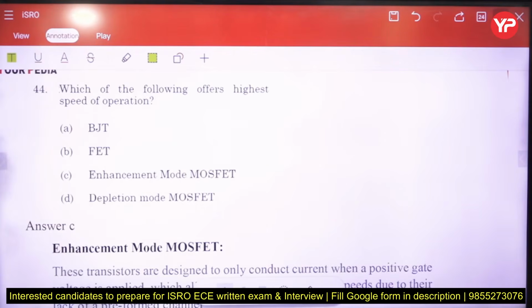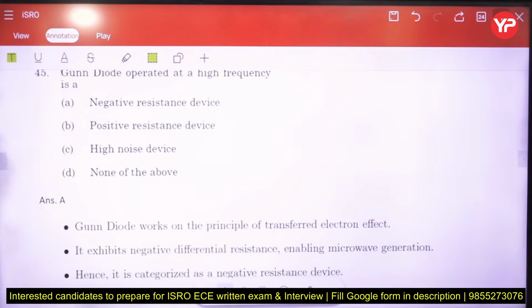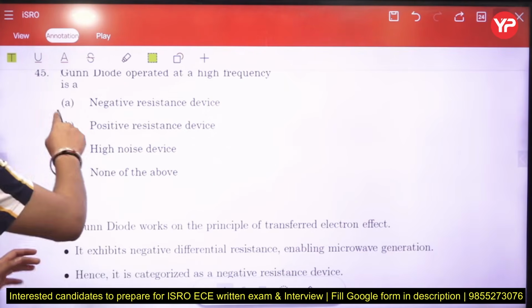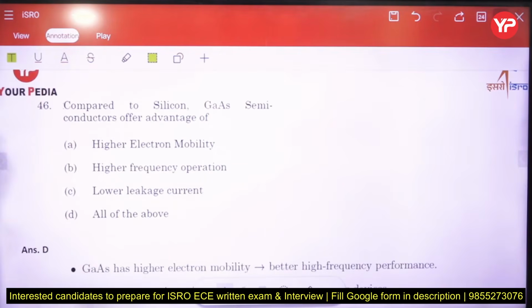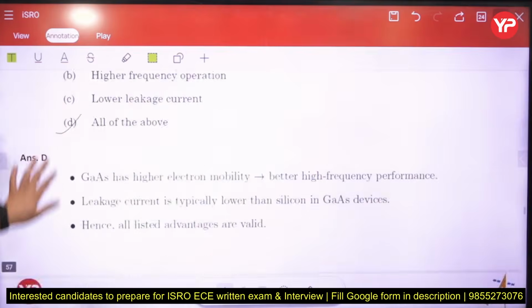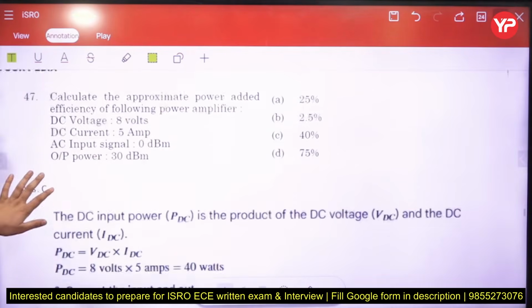That will be enhancement type MOSFET. Gunn diode operated at a high frequency will offer a negative resistance device. Compared to silicon, gallium arsenide semiconductor offers an advantage. It is having higher electron mobility, higher frequency of operation, lower leakage current, but along with all of these, its band gap is higher as compared to silicon, and it is costly as compared to the silicon.